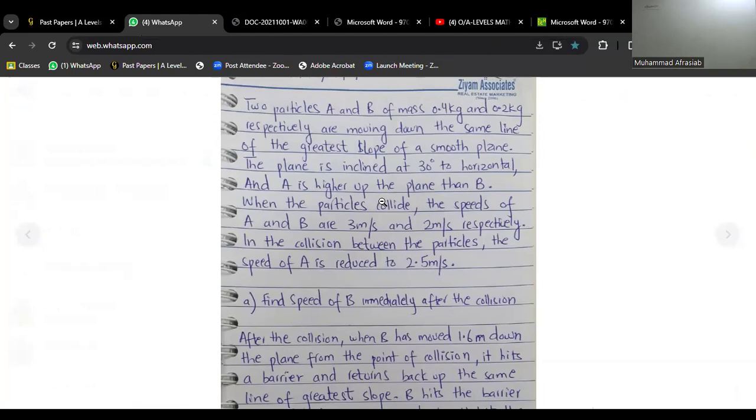The plane is inclined at 30 degrees to the horizontal, and A is higher up the plane than B. When the two particles collide, the speeds of A and B are 3 meters per second and 2 meters per second respectively. In the collision, the speed of A is reduced to 2.5 meters per second. Find the speed of B immediately after the collision.